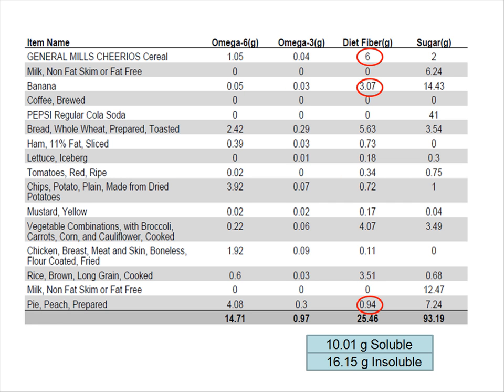Then you would know where your adjustments need to be, because we need to meet the 22.5 and 7.5 goals. You probably shouldn't be surprised if you have to increase your insoluble and decrease your soluble. That's pretty normal.